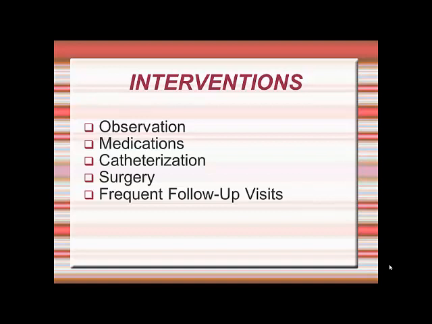You want to monitor every 15 minutes initially, and then for 1 hour as ordered. Usually the doctor will give you instructions on how he wants you to monitor the patient as far as vital signs.